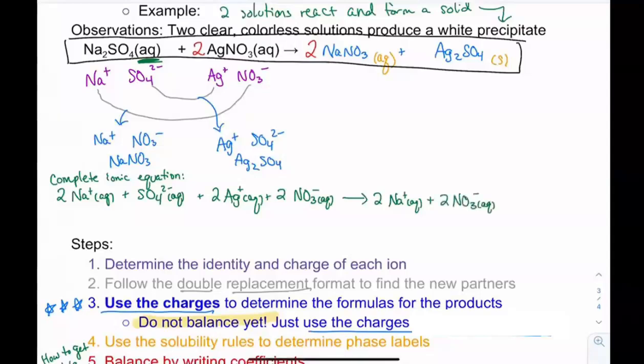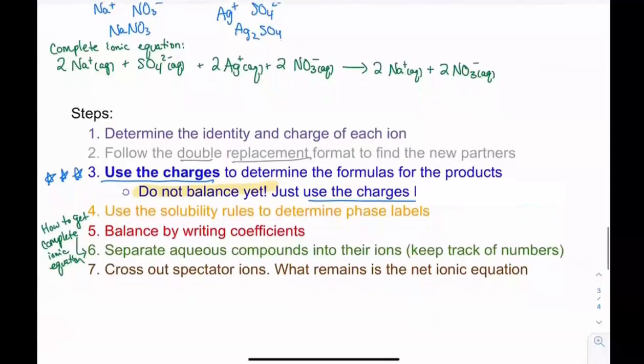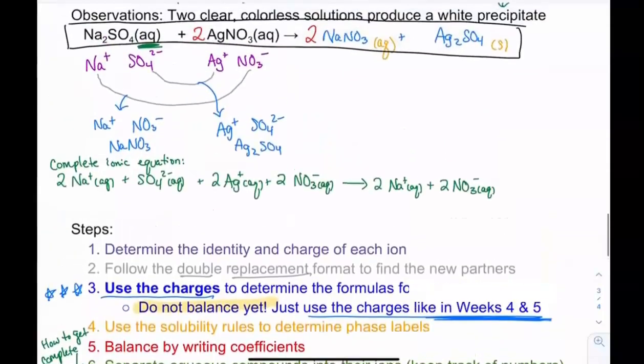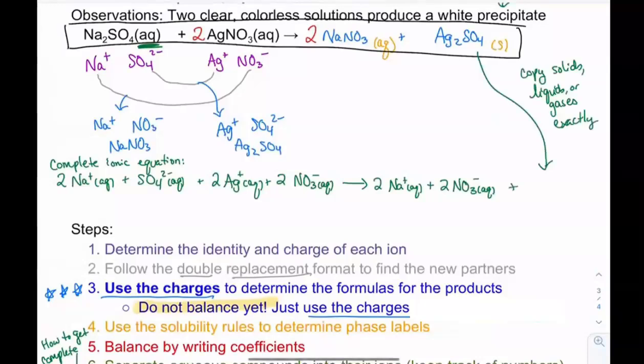Now remember what we were doing. We are only breaking apart aqueous compounds. The last compound that I have is a solid. So I'm just going to copy that as is. I'm not going to change that, just going to copy it down. I only break apart the things that are aqueous. So that is the complete ionic equation. Like I said, it's good for showing you how things actually exist.